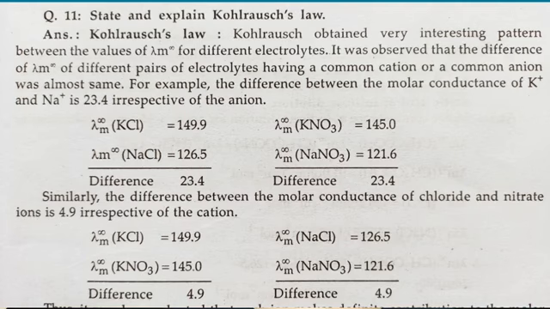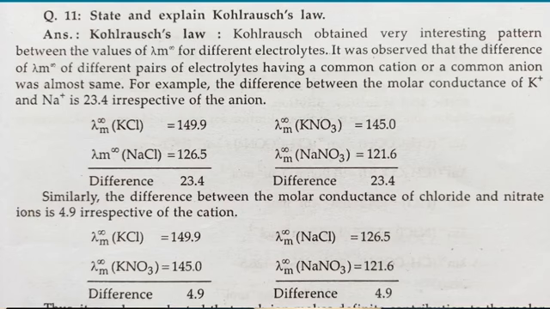Similarly, the difference between the molar conductance of chloride and nitrate ions is 4.9 irrespective of the cation. In the second example, lambda infinity m for potassium chloride is 149.9, whereas lambda infinity m for potassium nitrate is 145.0.